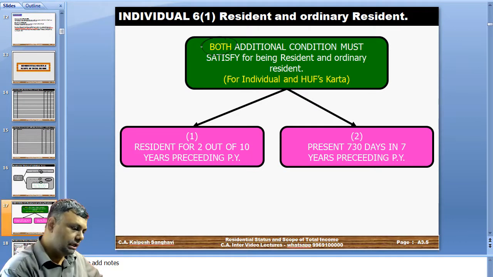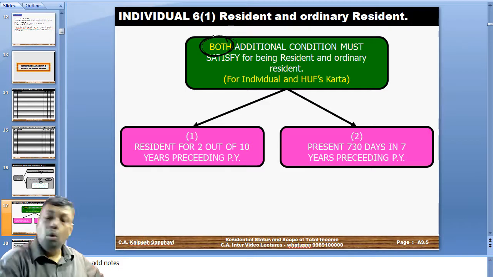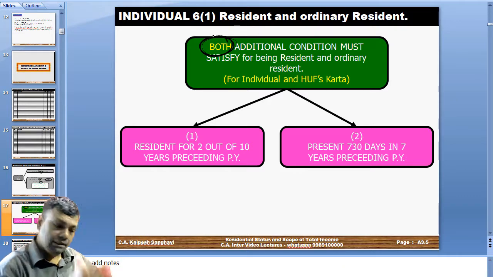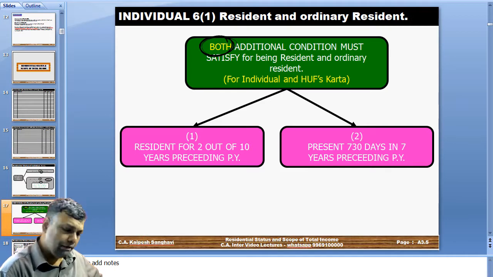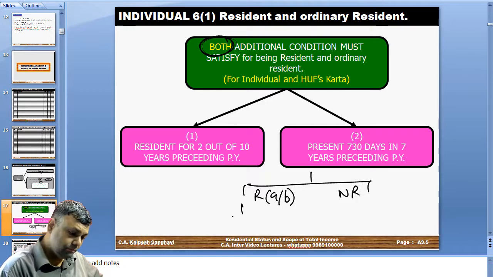So both the additional conditions, I repeat, both the additional conditions, that means 1 and 2, if it is satisfied, then you will be resident and ordinary resident.